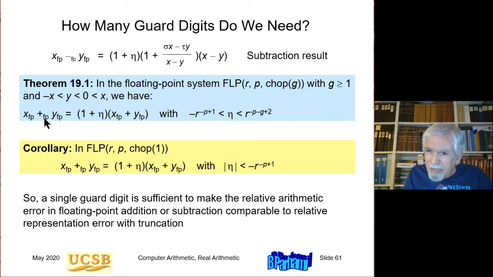Remember, when plus has an FP subscript, it means this is a floating point addition. When plus is just by itself, it means exact addition.